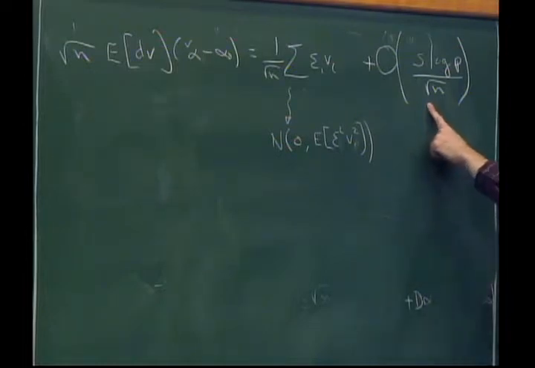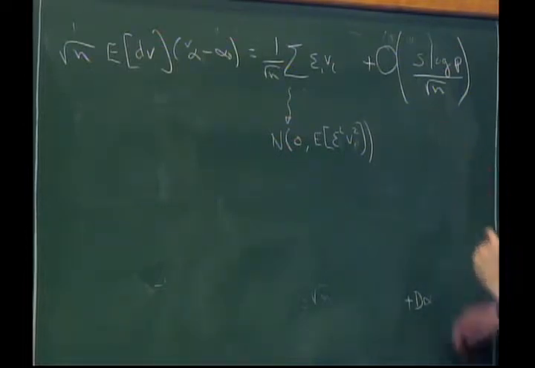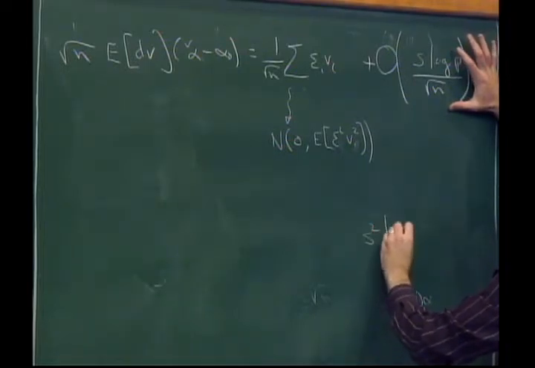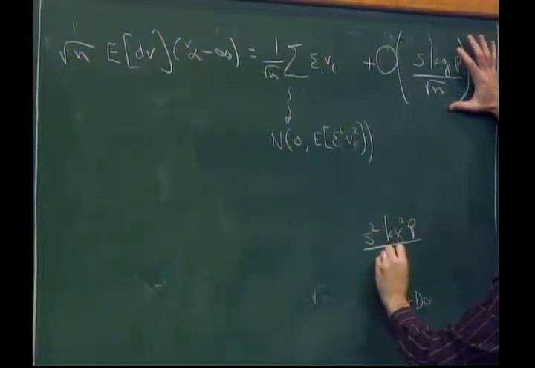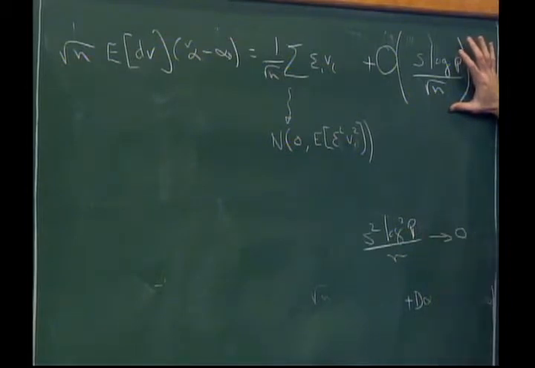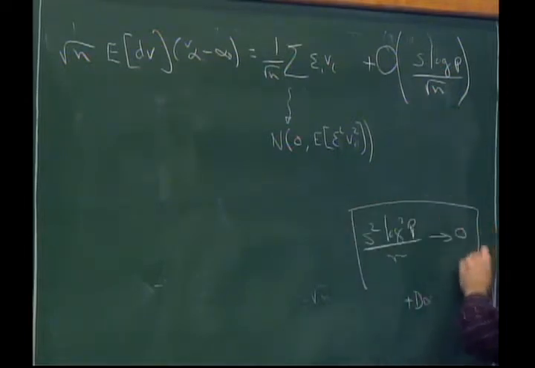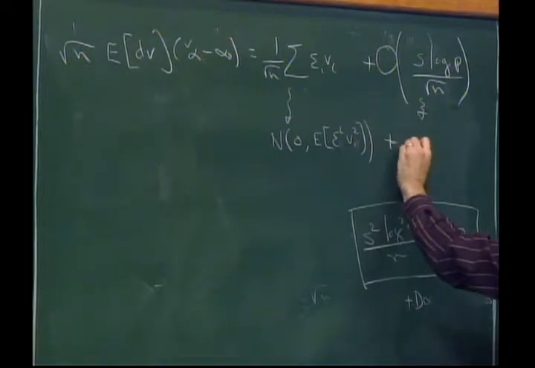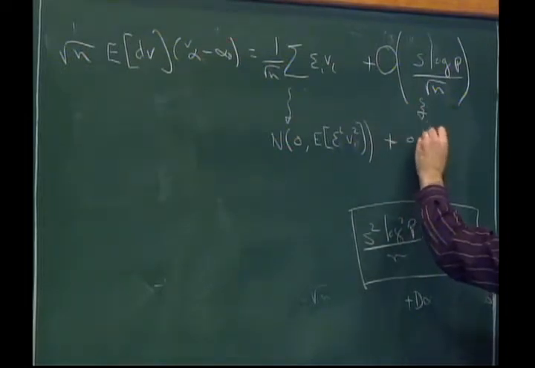This is the assumption I'm going to need. I will need essentially s square log square p over n to go to 0. That's kind of what I need to pay in terms of constraining my design. But if this holds, this goes to little o of 1 in probability.